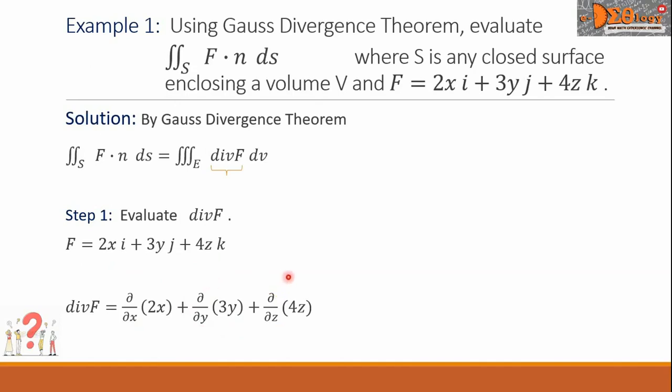Evaluating the partial derivatives respectively, we have now 2 plus 3 plus 4. So the sum here is 9. This is the divergence F.